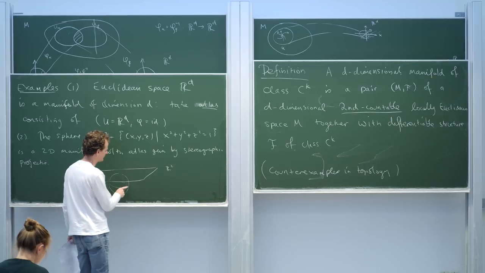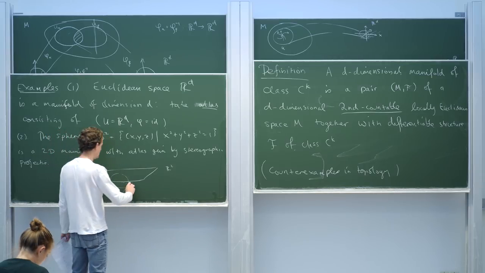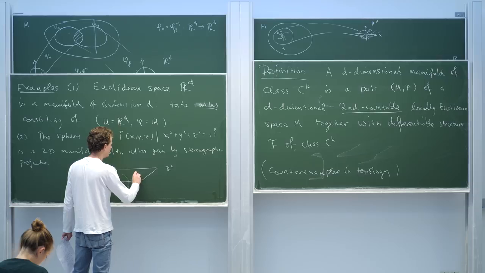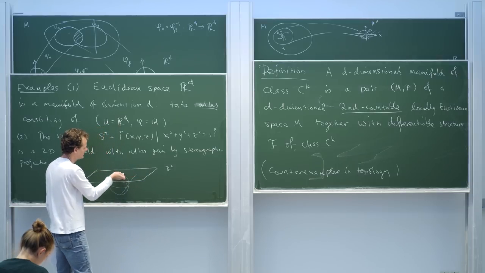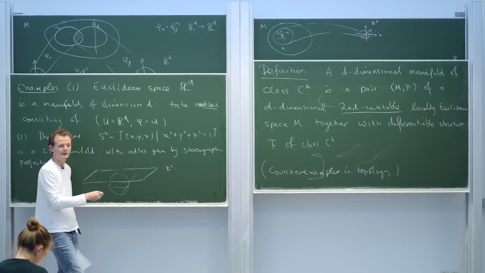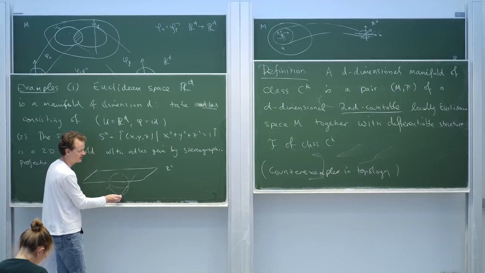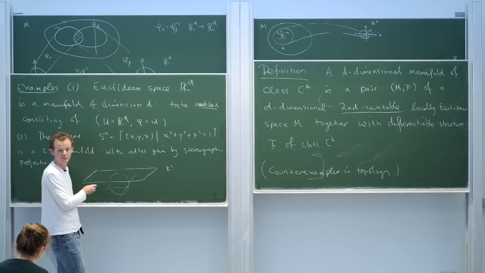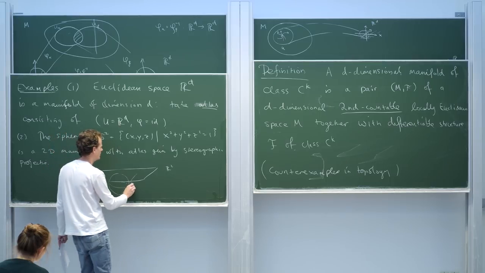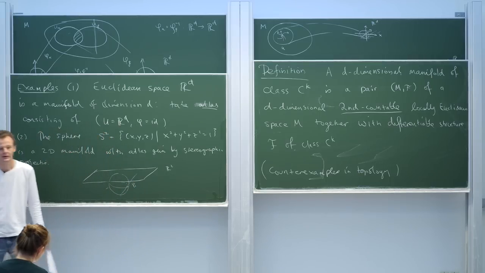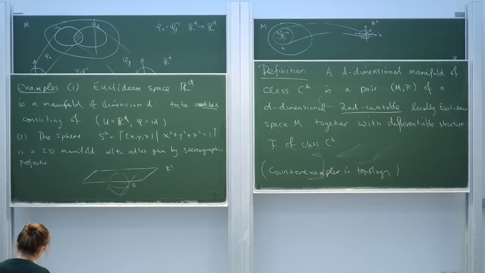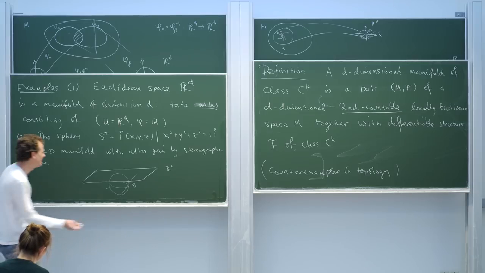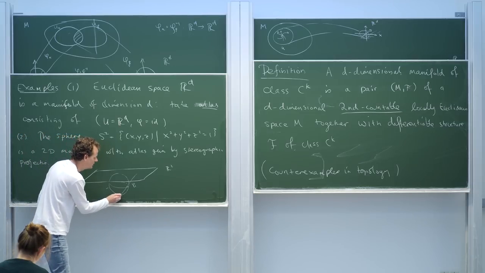It intersects the surface of the sphere somewhere, and then you continue that line up to when it hits this R2, which is sitting on the North Pole. So every point except the South Pole has an image in R2 under this mapping. This is what we'll call phi 1. So that's a chart. You can check that it's infinitely differentiable except at the South Pole.